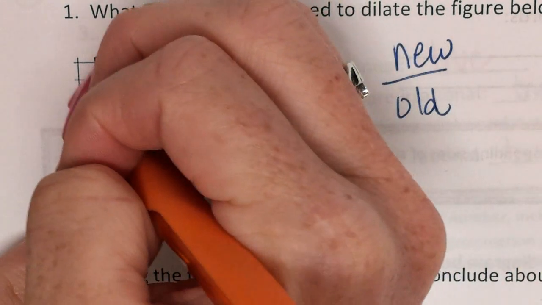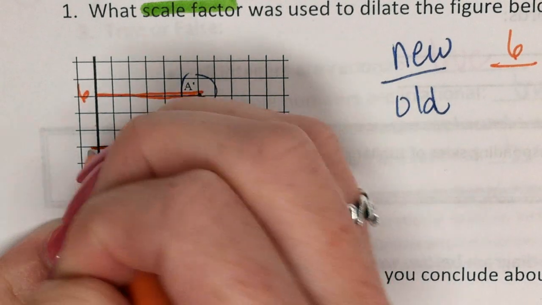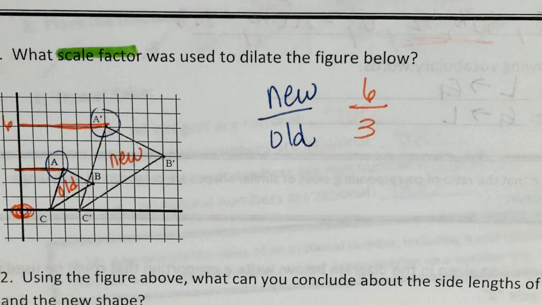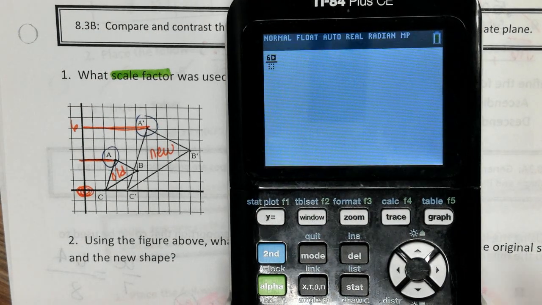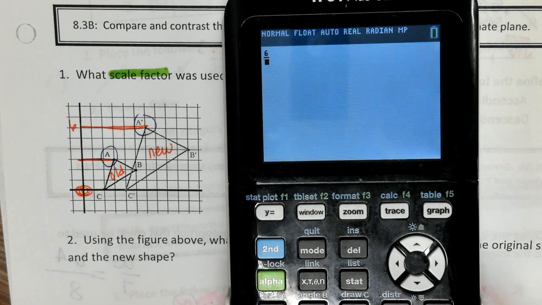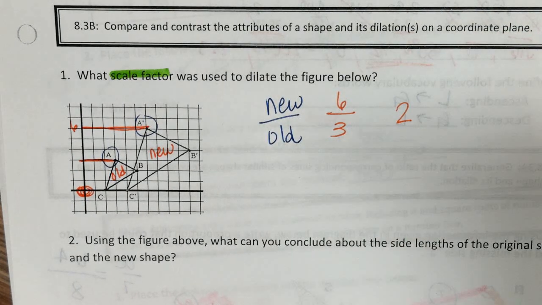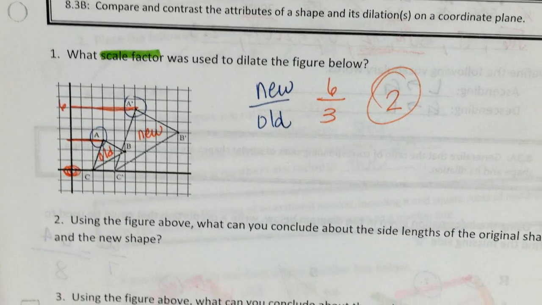This is 6. So new is 6. Old is what? 3. Can I simplify that ratio? Yes. So I go to my calculator. 6 over 3 is what? 2. So what was the scale factor? 2.